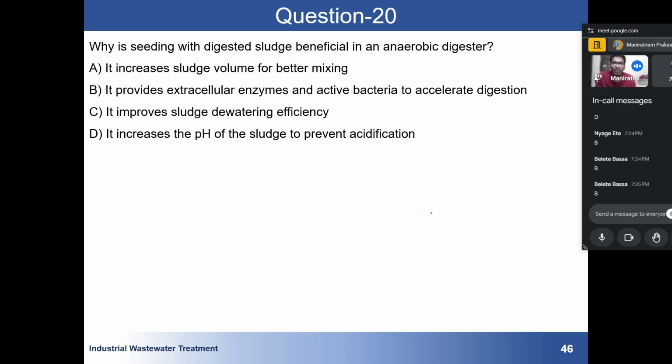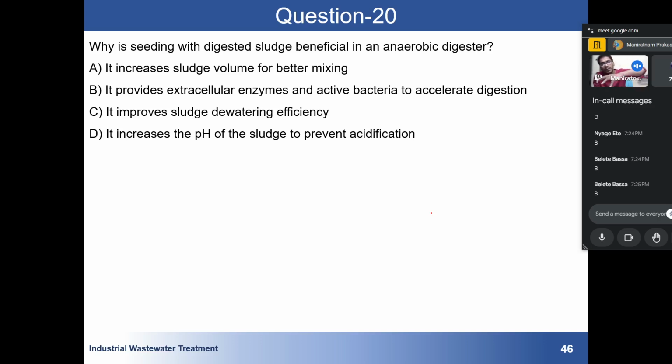Question number 20. Why is seeding with digested sludge beneficial in anaerobic digestion? If you recall, anaerobic digestion is a very slow process compared to aerobic digestion, but somehow we want to enhance the process. So we seed it with digested sludge, sludge which is already digested from the past.